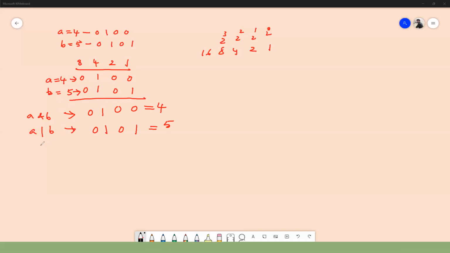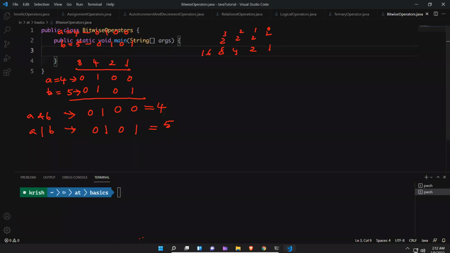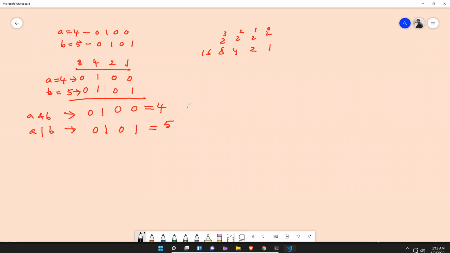Now the other one, A XOR B. If both bits are the same, it will give you 0.